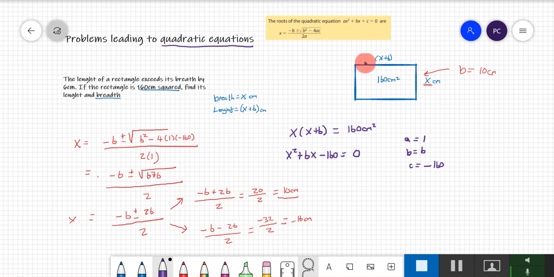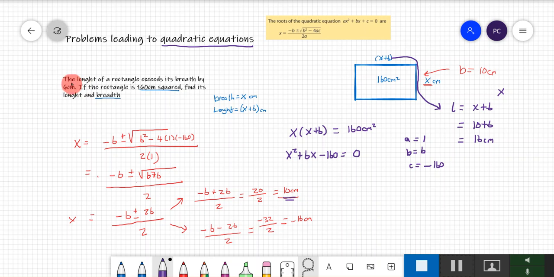If the breadth is 10 centimeters, then as per the question, the length is equal to x plus 6. We worked out that x is equal to 10 centimeters, so the length is equal to 10 plus 6, which is equal to 16 centimeters.